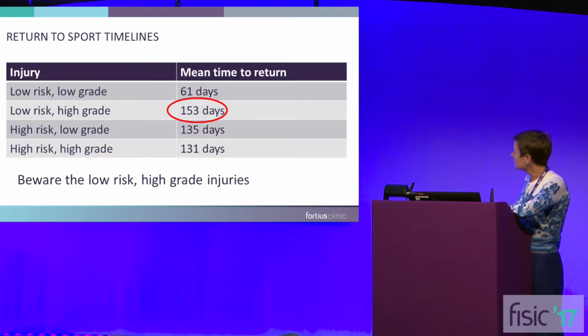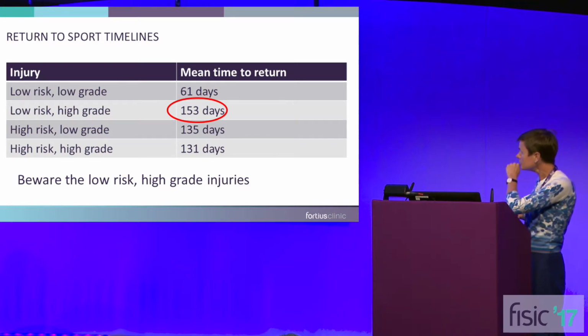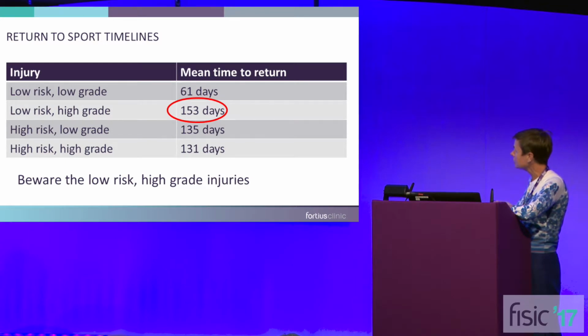This has also been looked at in other studies. I'm sorry I haven't put the reference in here, but this is a study that looked at average time to return to sport after stress fractures of the foot and ankle. If you look at low risk, low grade injuries, it's 61 days. High risk, high grade injuries, 131 days.